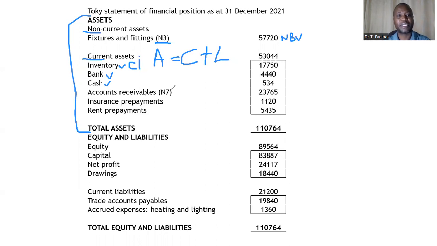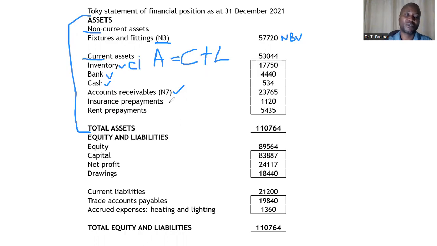So, but this figure here is now adjusted for the allowance for doubtful debts. So you need to take note that the accounts receivables have been adjusted for allowance for doubtful debt. Then we have insurance premiums, prepayments. So insurance prepayments, these are the prepayments that we talked about earlier on, and then the rent prepayments.